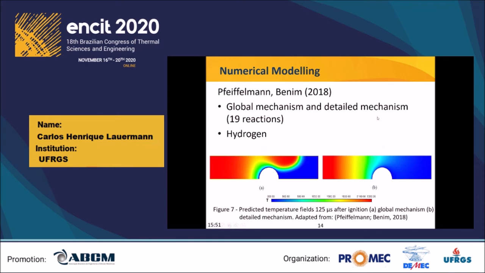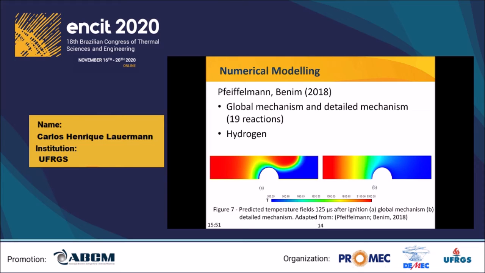And a few years later, Lauermann studied the same problem, but he employed the Thales mechanism for hydrogen, employing 19 reactions. The global mechanism did not predict the flame quenching, only locally close to the obstacle, while with the Thales mechanism, the flame could not pass through the obstacle, so the flame quenching happened.